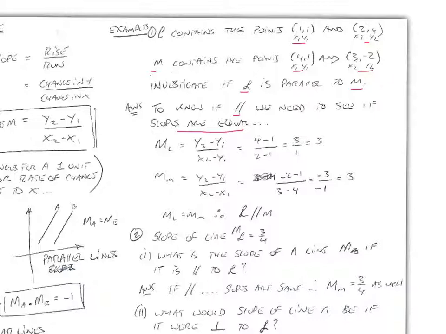So m subscript L, the slope of L, is equal to 3 by plugging in our values. And the slope m subscript M, the slope of M, is equal to 3. Therefore, mL is equal to mM. The slope of L is equal to the slope of M. Therefore, the line L is parallel to M.